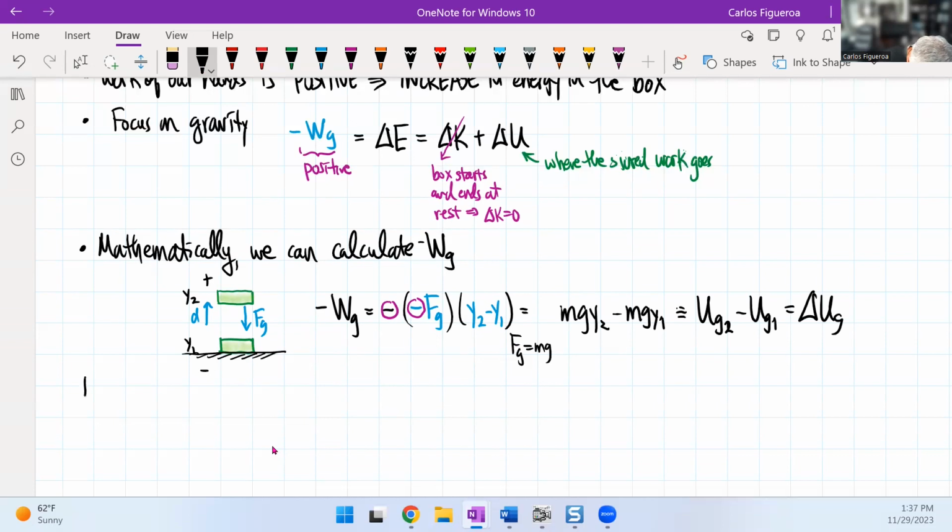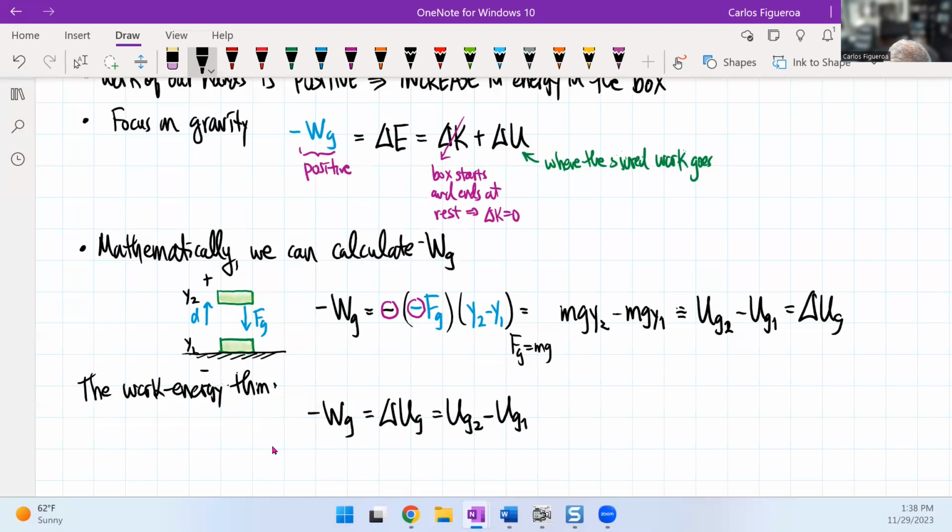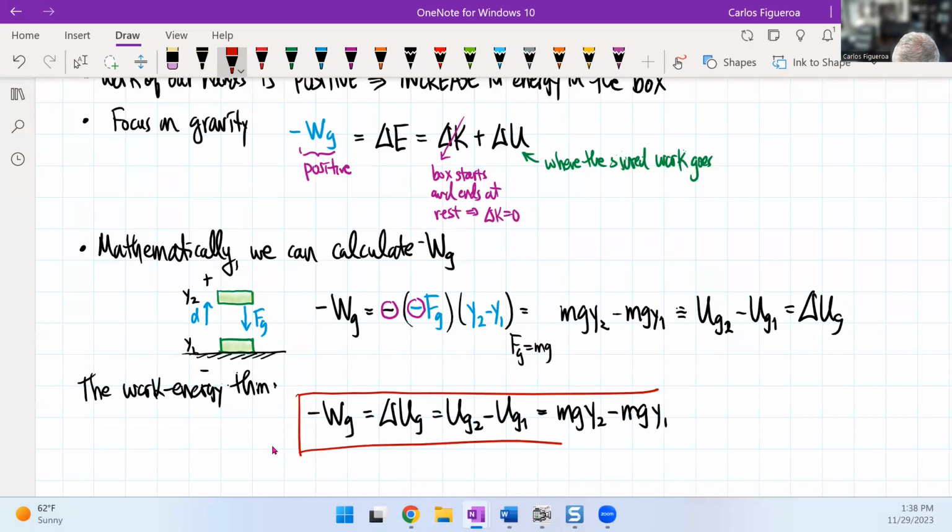In other words, the work energy theorem states here that the work of gravity is equal to the change in gravitational potential, which is equal to UG2 minus UG1, and this is equal to mgy2 minus mgy1. And this is what the work energy theorem says.